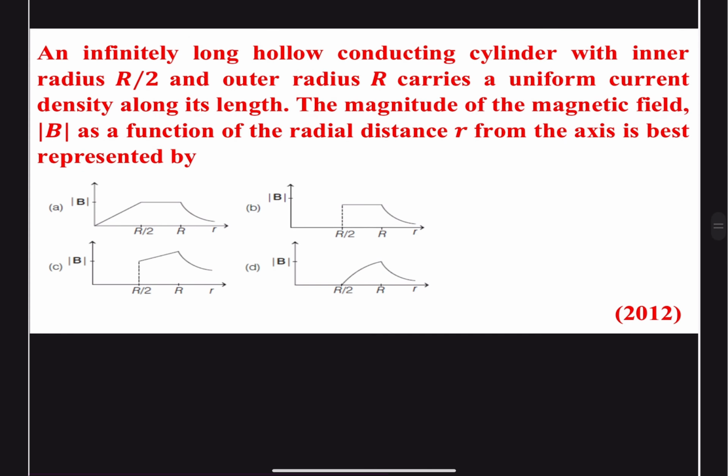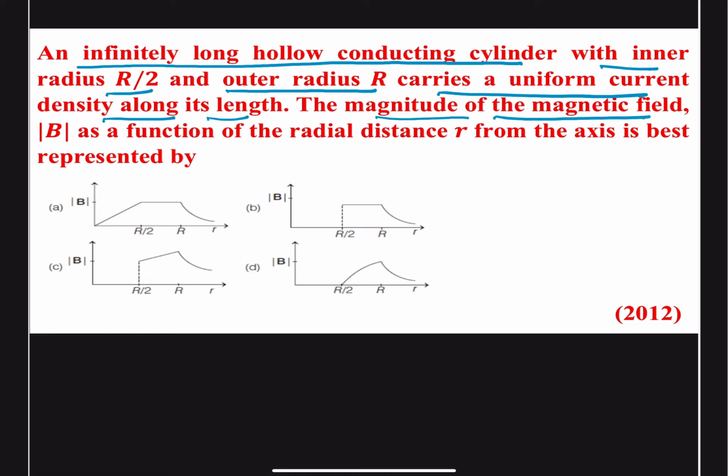Next question. In this case, we are given an infinitely long hollow conducting cylinder with inner radius R by 2 and outer radius R carries a uniform current density along its length. The magnitude of magnetic field as a function of radial distance r from the axis is best represented by.